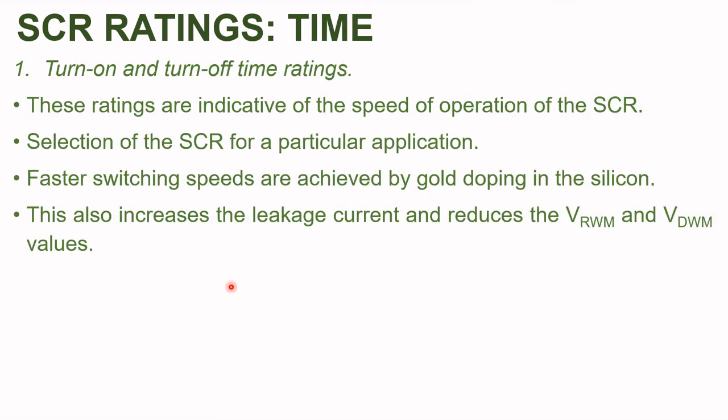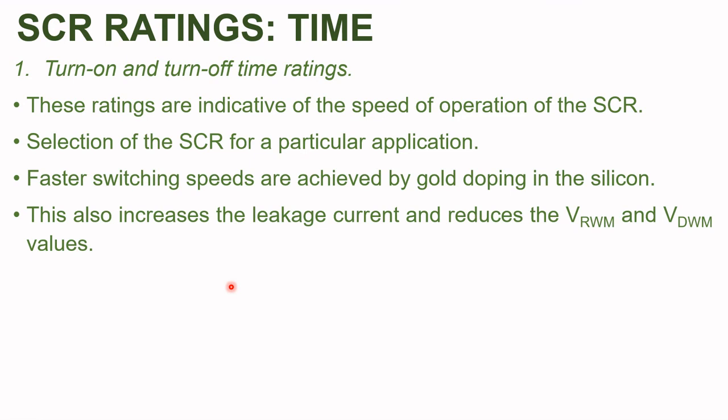So the last major type of rating of SCR is the time rating. Turn on and turn off time ratings of the SCR. These ratings are indicative of the speed of operation of SCR.